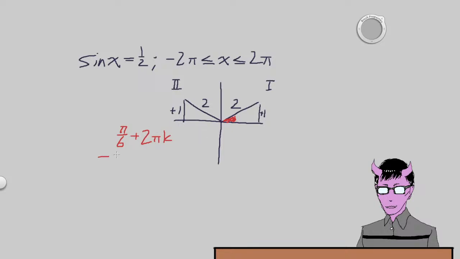So can we subtract, or let's think about this for a moment. We have positive pi over 6, that is our base answer, and it's well within the domain restrictions, which are negative 2 pi up to 2 pi. If we subtract 2 pi from a positive number, we should still be within the domain restrictions.